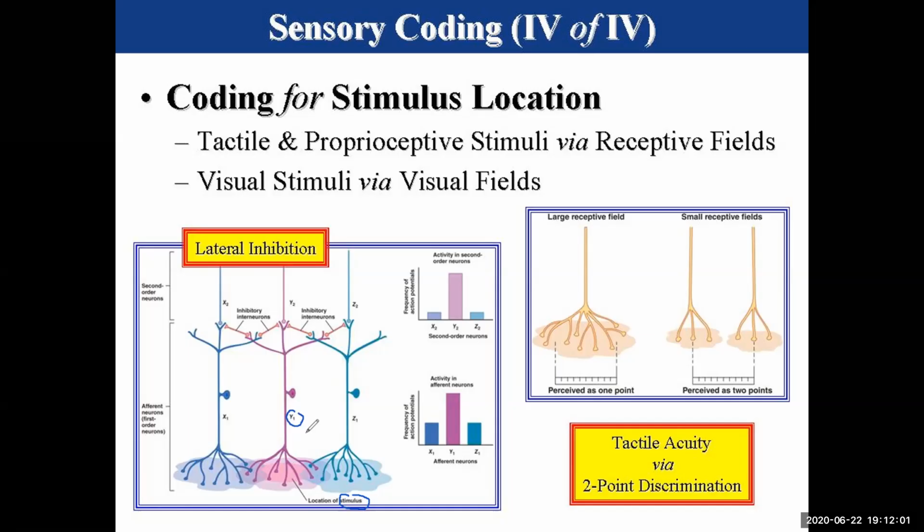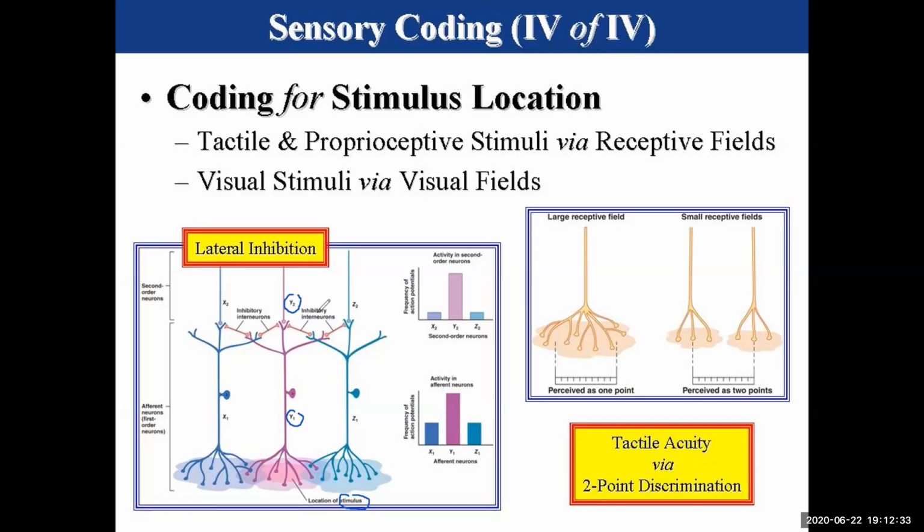And so for the nervous system to locate the stimulus with accuracy, what's going to happen is once the action potential travels down its axon toward Y2, which is the second order neuron, so Y1 is the first order neuron, Y2 is the second order neuron, Y1 sprouts out collaterals, synapsing with interneurons on either side.